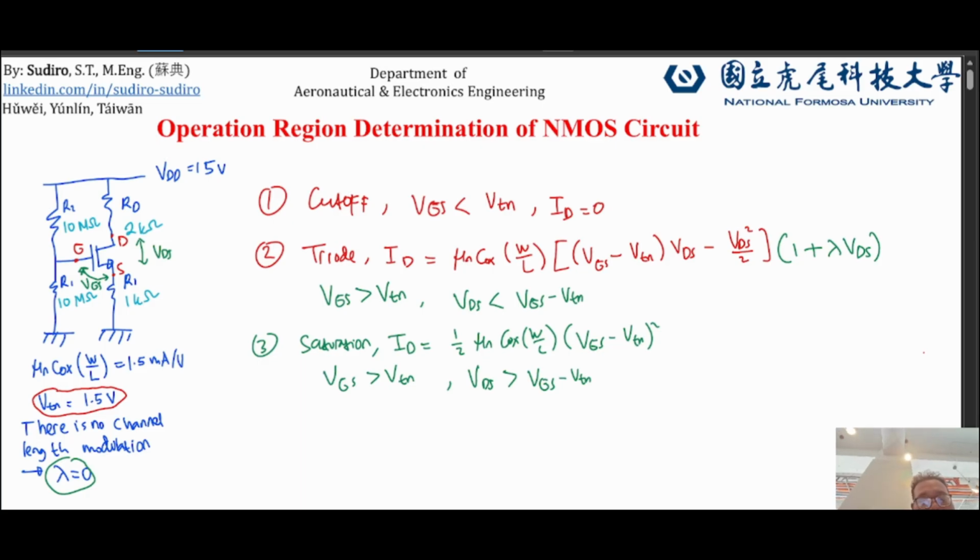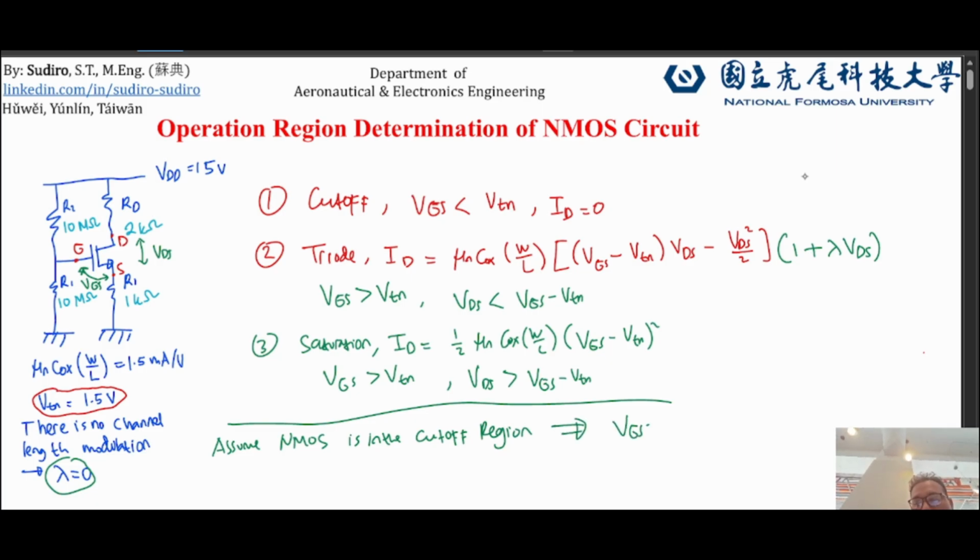Okay, the first one we want to examine is whether it is in the cutoff region or not. So we will assume that the NMOS is in the cutoff region. Then the implication must be VGS less than VTN.